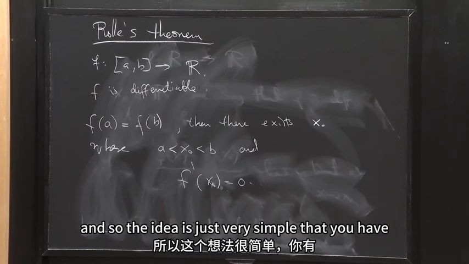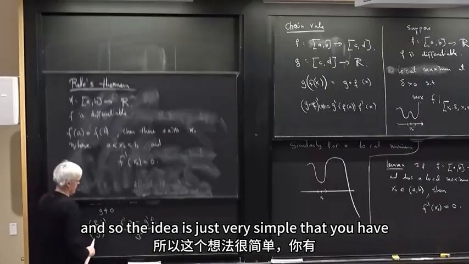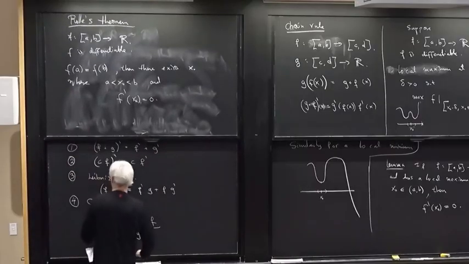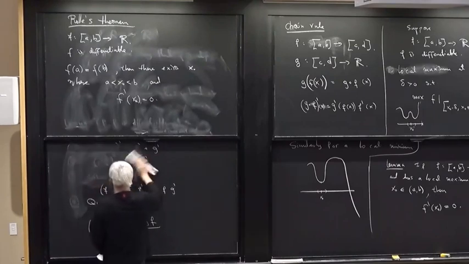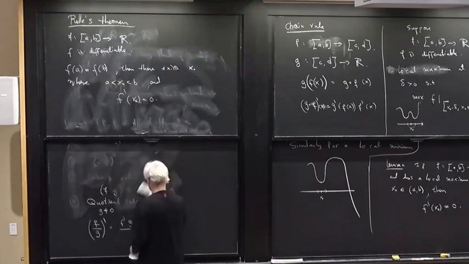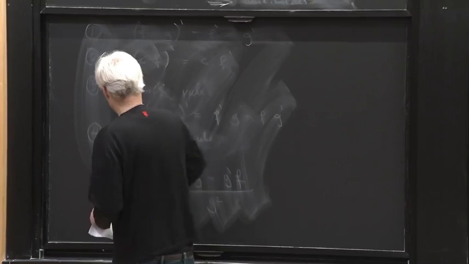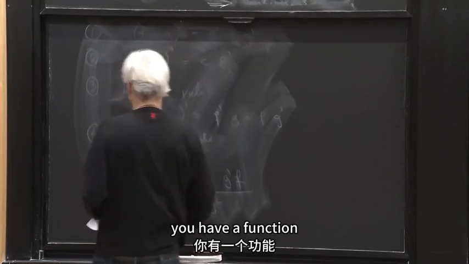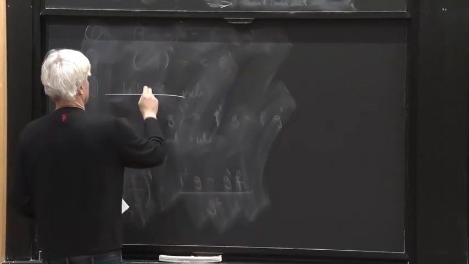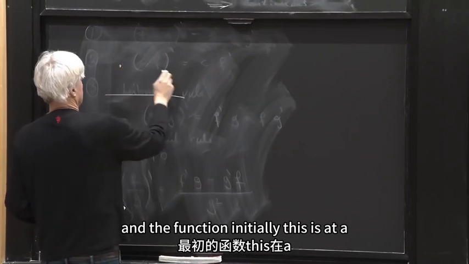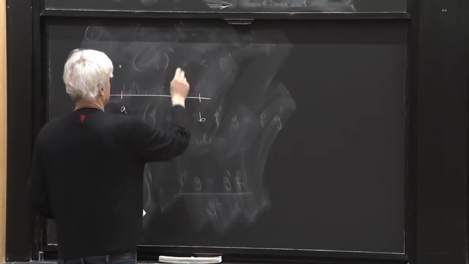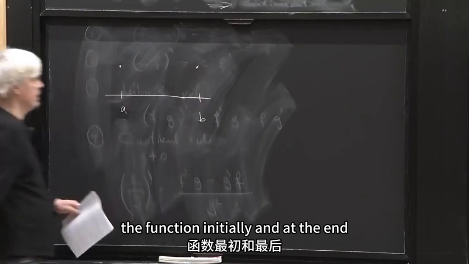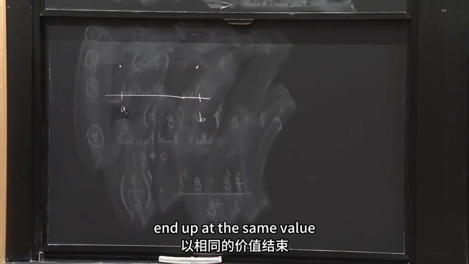And so the idea is just very simple, that you have a function, and the function initially, this is at a, here you have b. The function initially and at the end is at the same value.